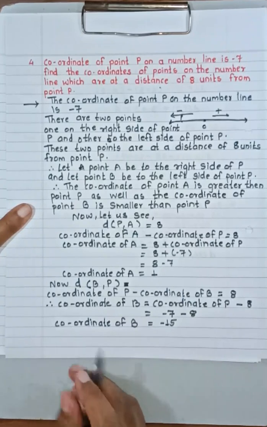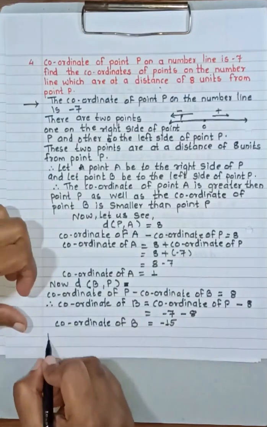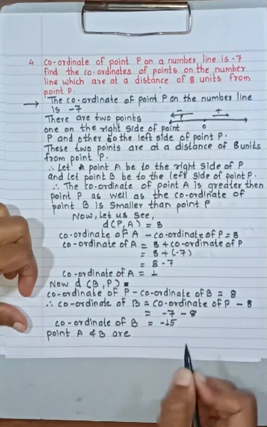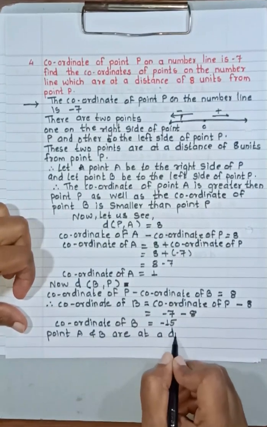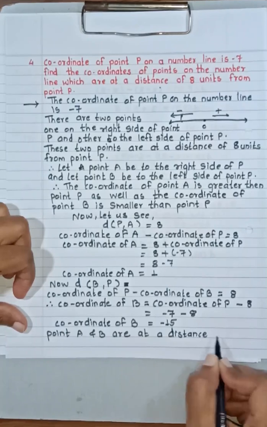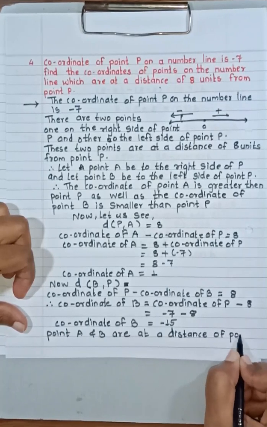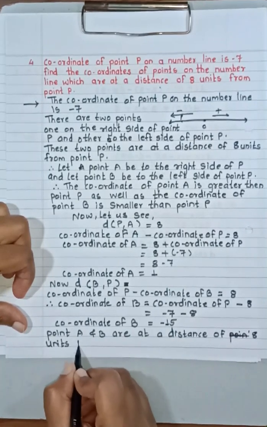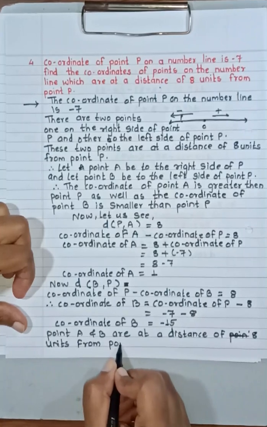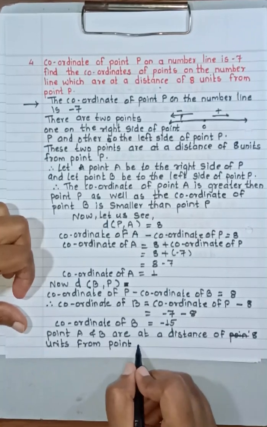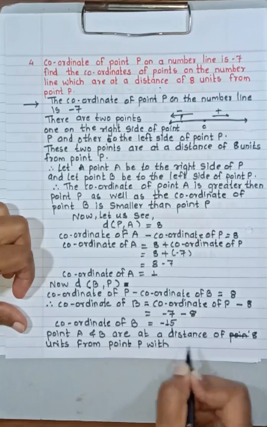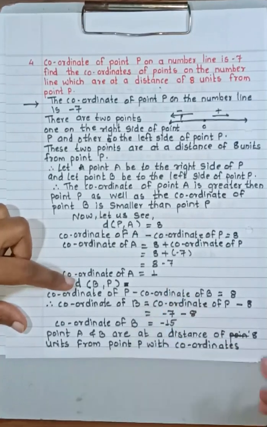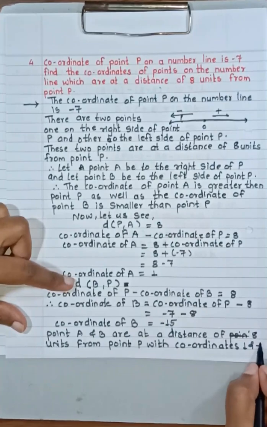So you can say that the points A and B are at a distance of 8 units from point P, with coordinates 1 and minus 15.